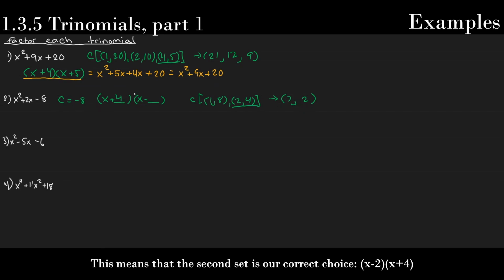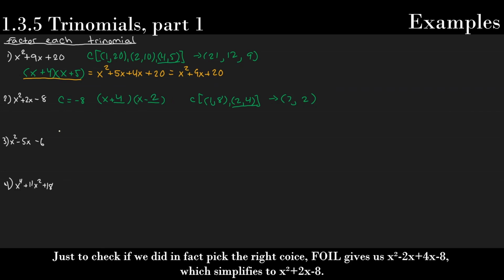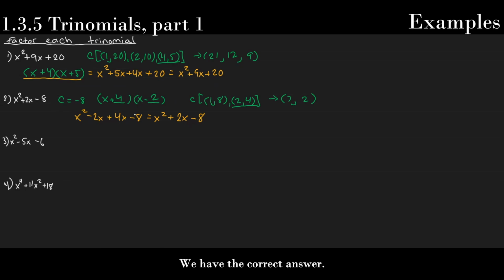X plus 4 times x minus 2. Just to check if we did in fact pick the right choice, FOIL gives us x squared minus 2x plus 4x minus 8, which simplifies to x squared plus 2x minus 8. We have the correct answer.